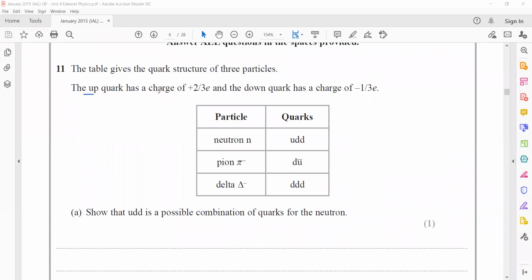Up quark has a charge of +2/3, down quark is -1/3. The composition of a neutron is given, pion is given, and delta particle is there, delta negative particle.